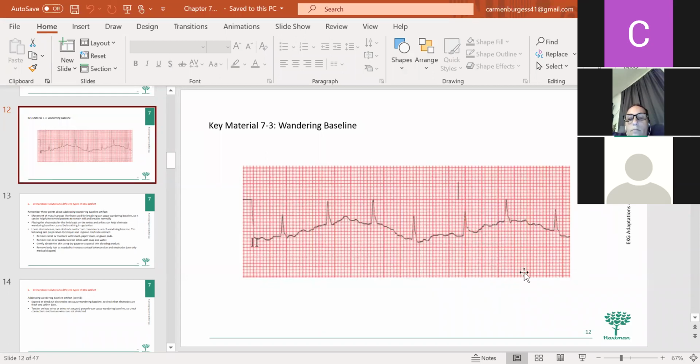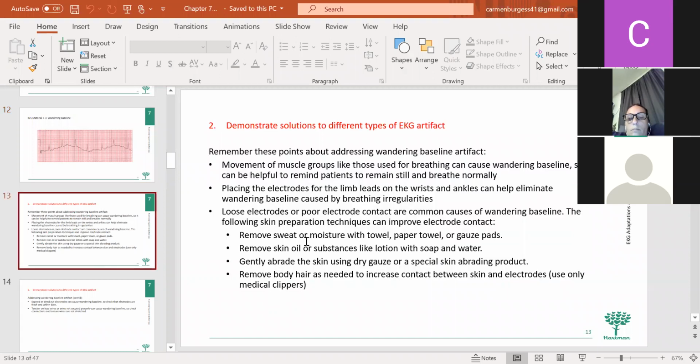So what causes this? Breathing can cause it. Electrode problems can cause it. Sweat, moisture, skin. Think about the movement of the electrodes. It's wandering around. It can't figure out what to do because it's not secure. Somebody who wanders around aimlessly really isn't secure in what they're doing. They're not just going for it.